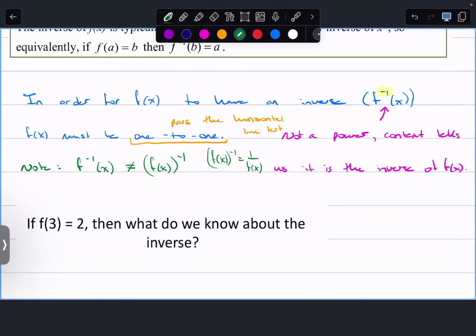So they're different. Again, not a power. I think I saw one on the assignment, where it asks you to find the inverse and then find just 1 over f of x, which would be different.